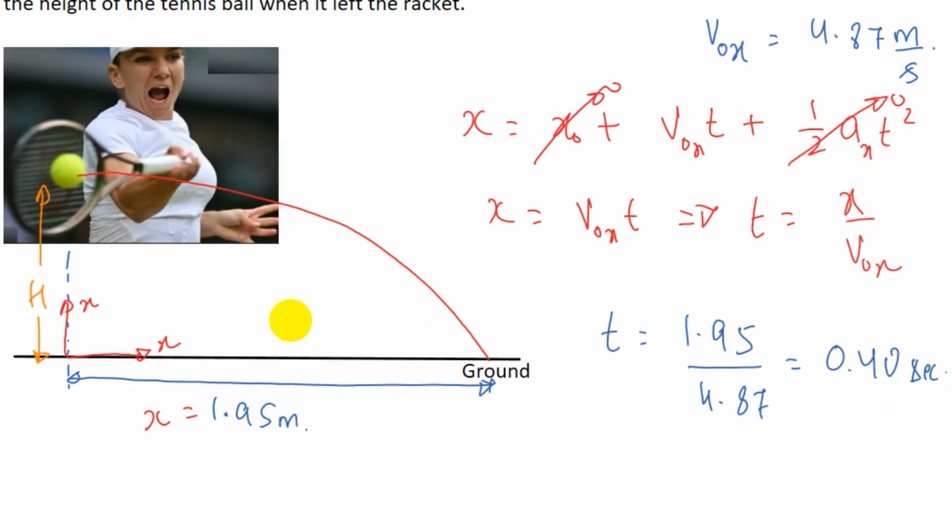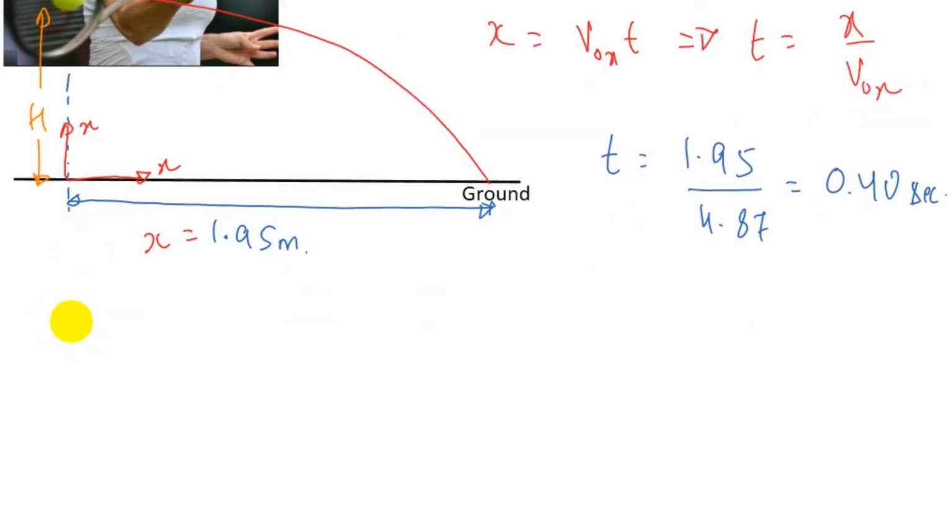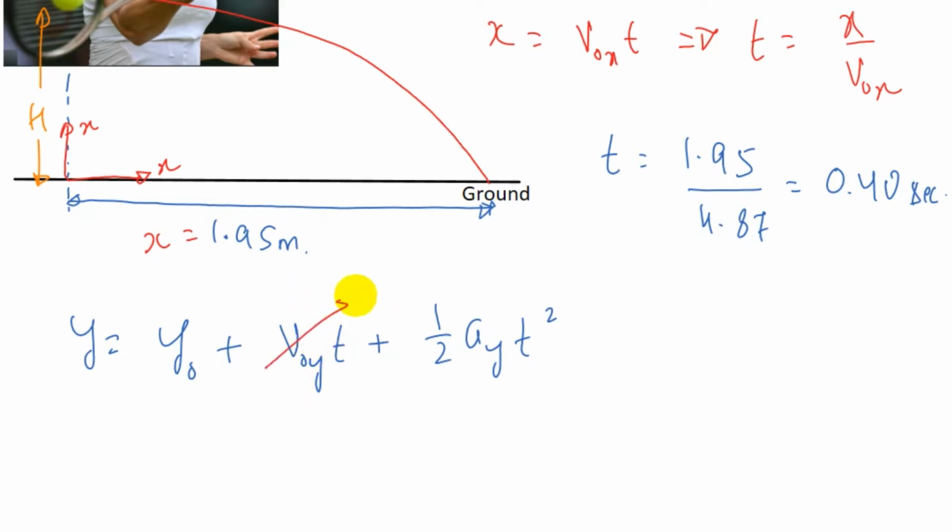Now we're going to see the motion of the ball in the vertical direction. For that I'm going to use the equation y equals y naught plus v naught y times t plus 1 over 2 a y t square. Now the ball was hit horizontally, so there is no vertical component initially. V naught y would be 0.